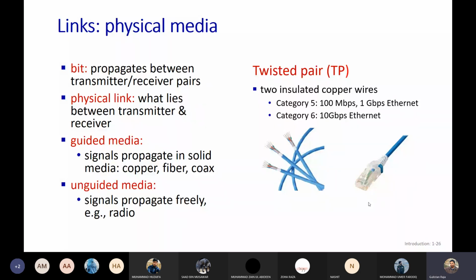Category 5 is used for 100 Mbps and 1 Gbps Ethernet, and category 6 is used for 10 Gbps Ethernet. And this is a connector, a jack, we call it the RJ45 connector, registered jack 45. So this is used for guided media. Have a look at it.